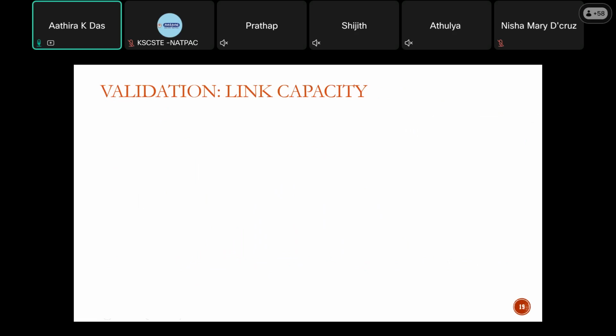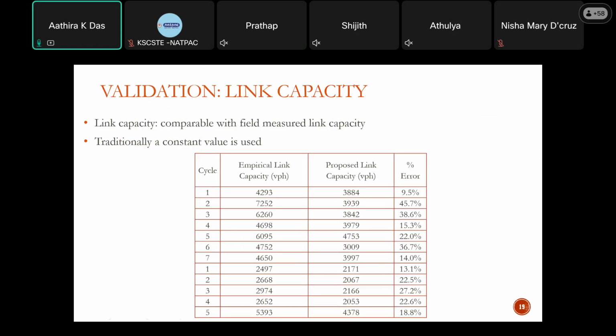Next, the link capacity functions are also validated using the empirical data or the field observed data. So the link capacity is estimated from the field using the N curves, and here we can see that in the field observed data itself, the capacity values vary significantly across the signal cycles, depending upon the vehicle composition observed during each cycle.